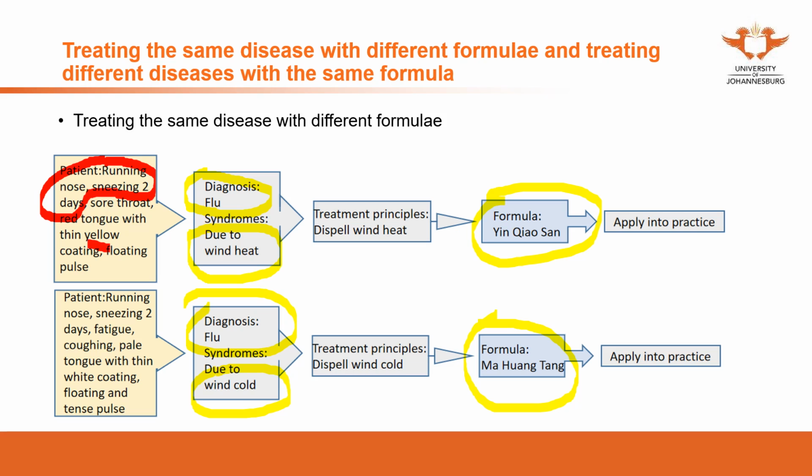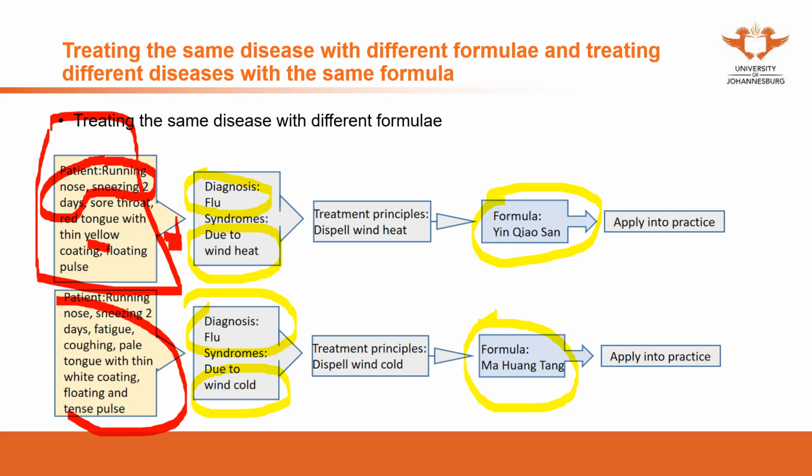So from this group of symptoms, we can conclude to wind heat. From another group of symptoms, we can conclude to wind cold. So from here, we will understand, although these two patients suffer from flu, the same disease, because they have different syndromes, we will use different treatments.